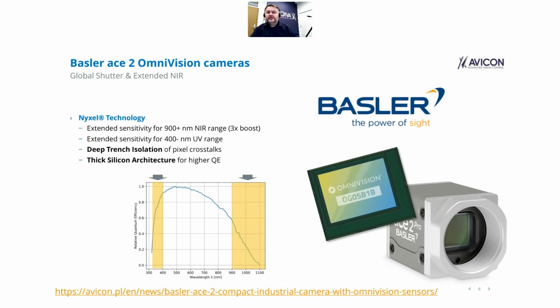So these are the main bottom lines about the OmniVision sensor. The only thing to remember is that we have a tremendously higher sensitivity in near infrared. There is also some sensitivity gain for UV, not too much, but also interesting. So we also have some possibilities to make UV-based applications.